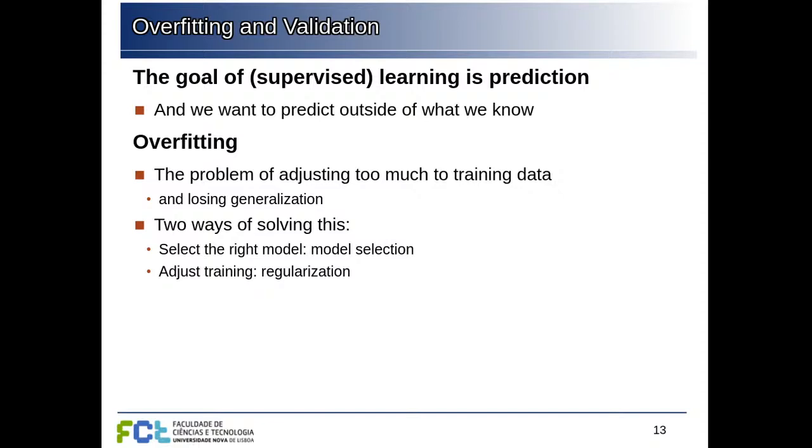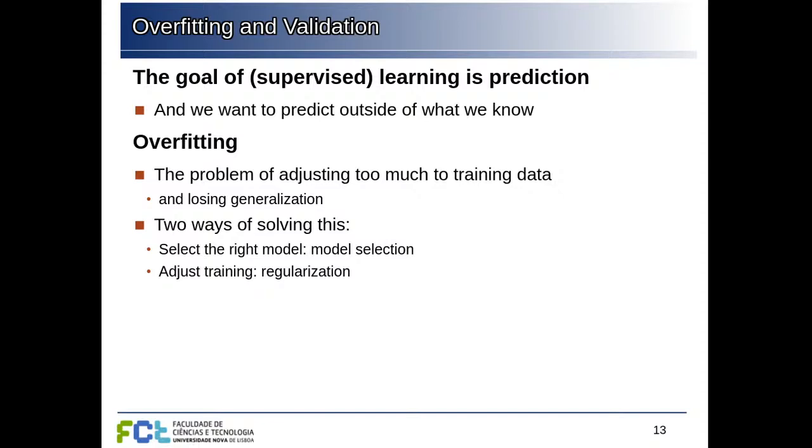Basically, if we have a model that can adjust too much to the training data, then it will start learning things that don't generalize outside the training set, and it starts making more mistakes for future data, which is what we want to avoid. So two ways basically of solving this is one, selecting the right model, so adjusting the power of the model to fit the data, and thus minimize overfitting in that way.